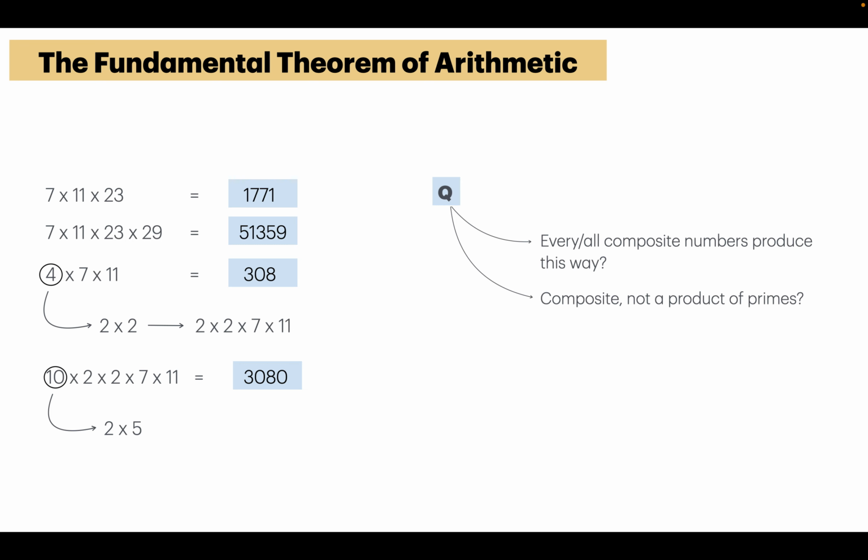Well, you have to think about it. Can I get a number by multiplying numbers, and these numbers are not primes? Well, so far from the numbers that we have worked out, we know that we can always express every number, as long as it is composite, as the product of primes. So by that observation, it is not possible, but you can try.